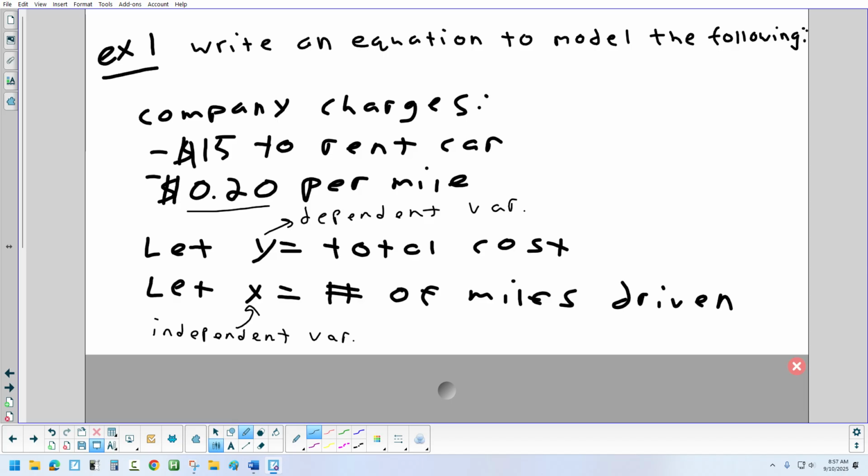I say, does the cost to drive the car depend on how many miles you drive? Yeah. So does the cost depend on how many miles you drive? Or do the miles you drive depend on the cost? That's the first way, right? The cost depends on how many miles you drive. So cost is dependent on mileage. That's why cost is the dependent.